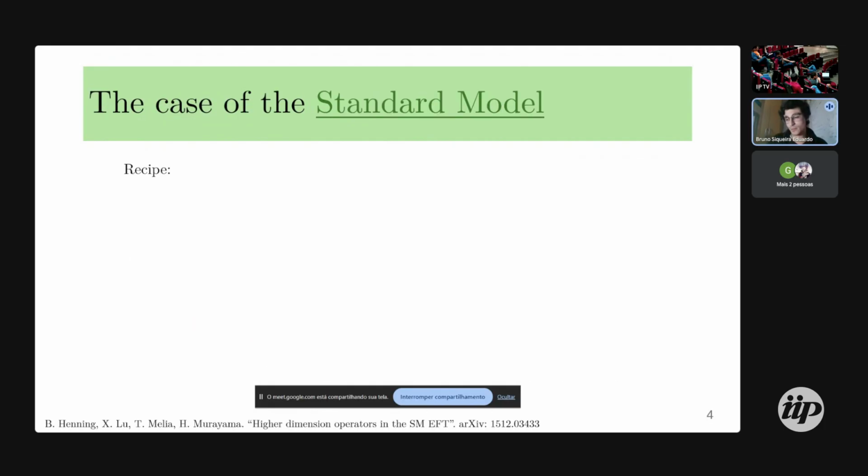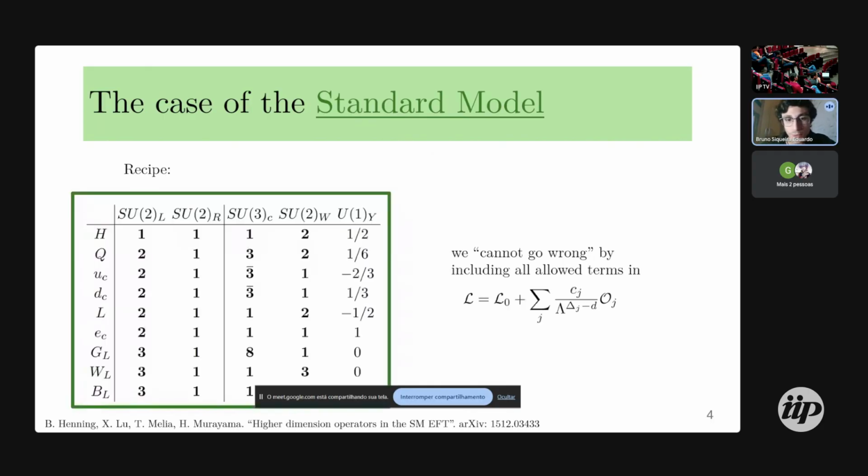Let's go to the specific case of the standard model. We can follow a recipe to build an effective field theory with the standard model, because the standard model is currently the most well experimentally tested quantum field theory we have.